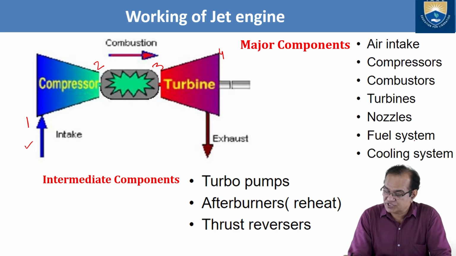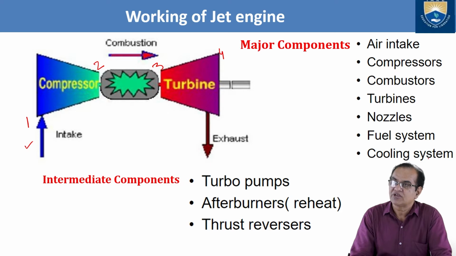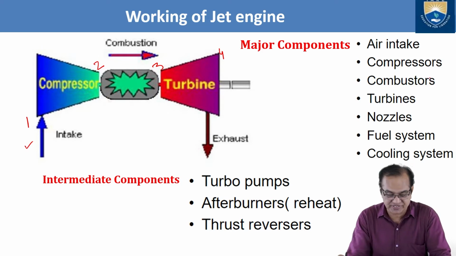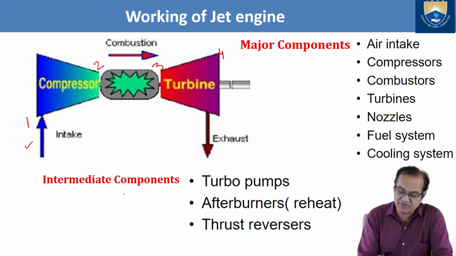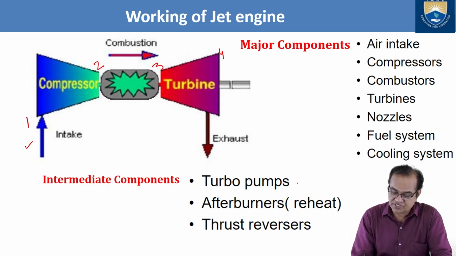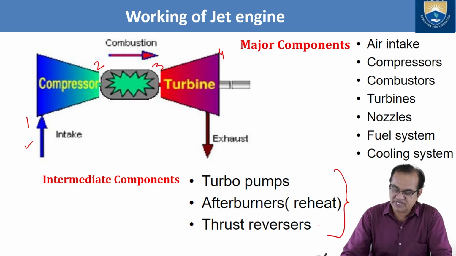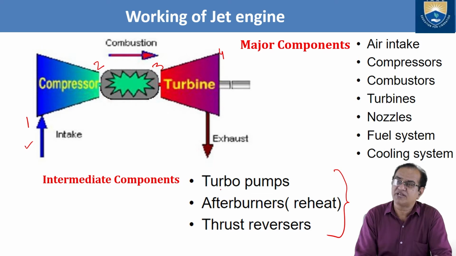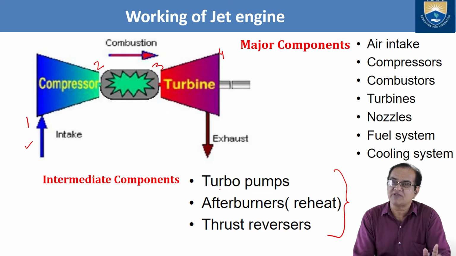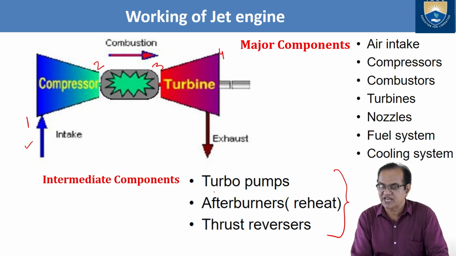Then we should have the fuel system and the cooling system. So these are the major components. But we should also have some intermediate components, called the turbo pumps, afterburner, and thrust reverser. These three are intermediate. They are not there in all engines; only for specific types of engines are these components present.